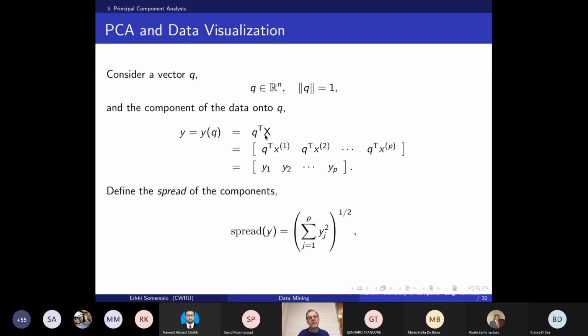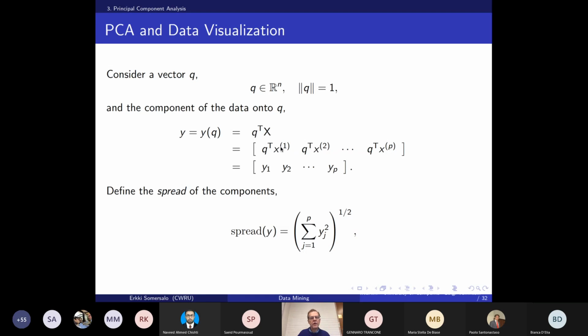Then I take my data set x, and I'm asking what the component of my data in this direction q is. Remember, if you want to compute the component of a vector in a given direction, you take the inner product of your vector with the vector onto which you are projecting.